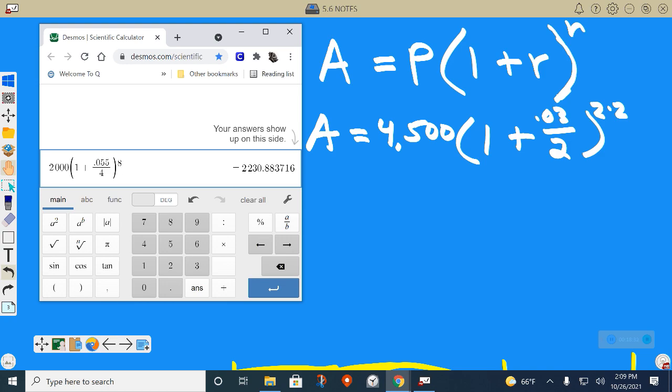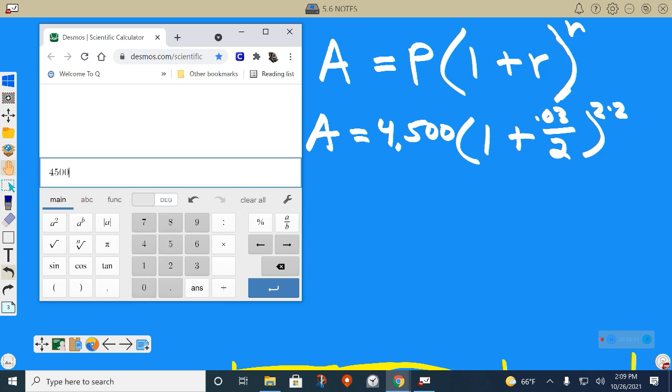All right, 4,500, parenthesis, 1 plus 0.03 divided by 2, close that parenthesis, to the fourth, that's the 4th power, because 2 times 2 is 4, so it's going to be the 4th power.